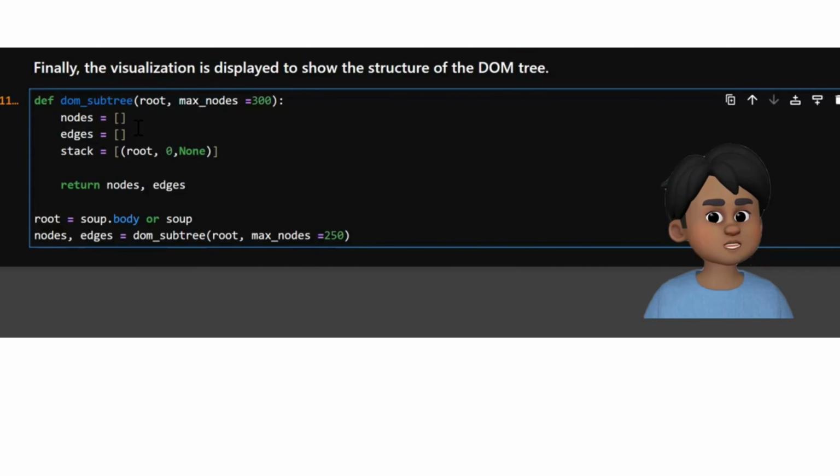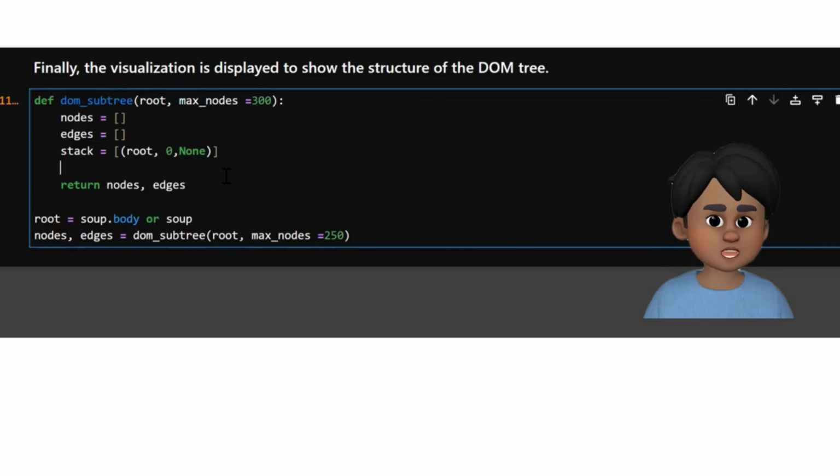We have two lists, nodes and edges, and we initialize a stack with the root at position 0, depth 0, and None as parent, because the root tag, body, has no parent. That's why we put a None value on the stack.